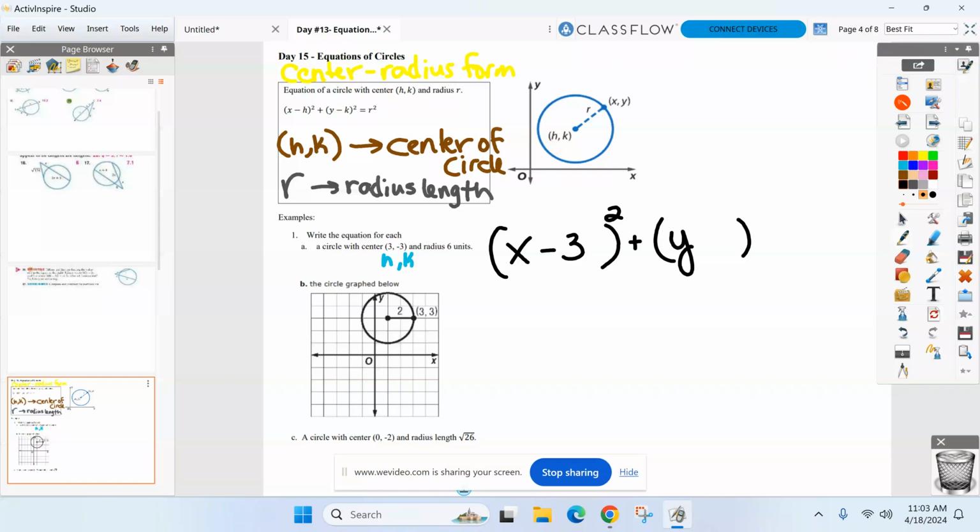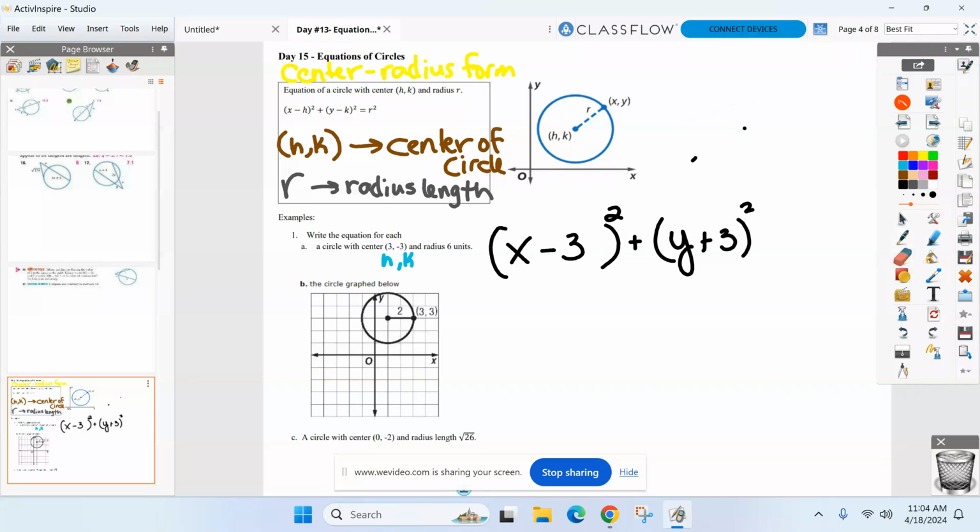Now, what did we notice about the k value? It's negative 3. So what's going to end up happening if I do y minus that k value? It's going to turn into positive 3, right? Watch, ready? y minus the negative 3 turns into y + 3, squared.